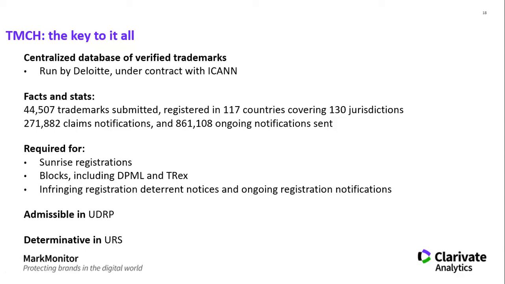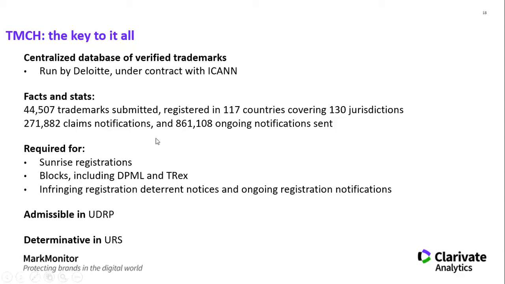So the TMCH, I mentioned, is required for all or substantially all rights protection mechanisms that are born from the new gTLD program, and some of those are sunrise registrations, blocks, and all of these we'll talk about in just a second, and then the ongoing notifications of registration.